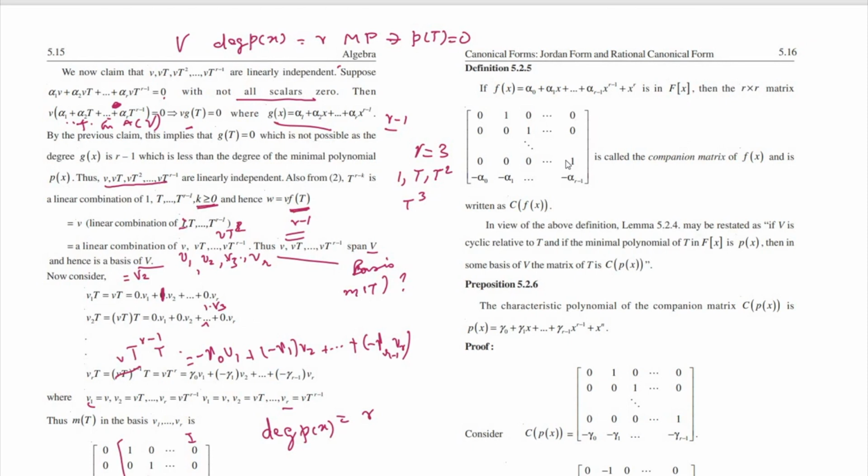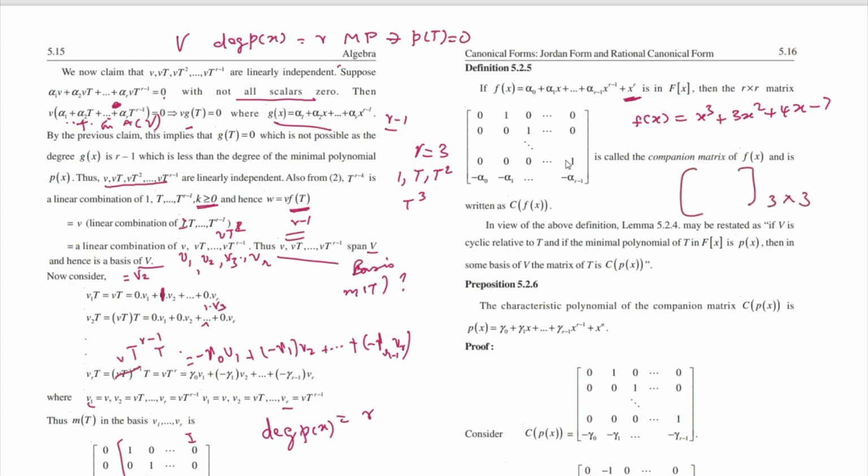So here the order is determined from the degree of the polynomial. Suppose my f of x is x cubed plus 3x square plus 4x minus 7. I want to write out the companion matrix of this. I look at the degree of this, so then I get the order of the matrix.